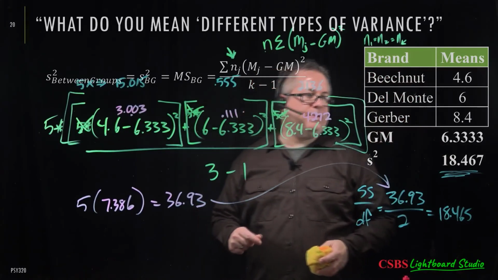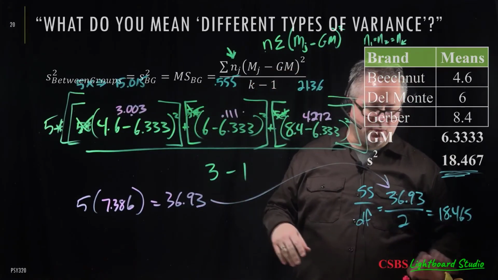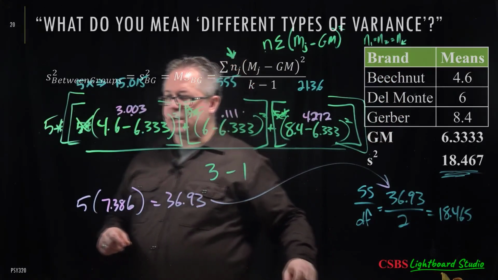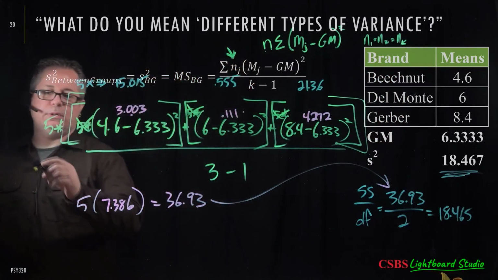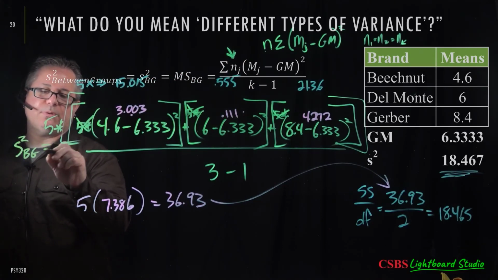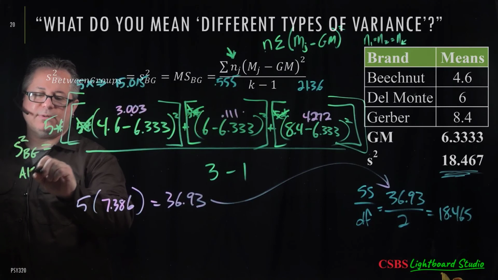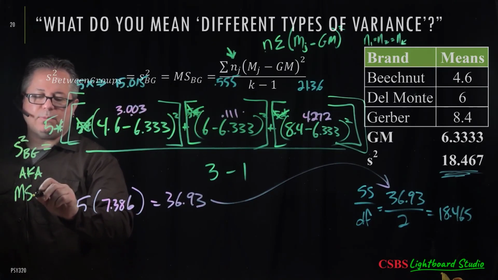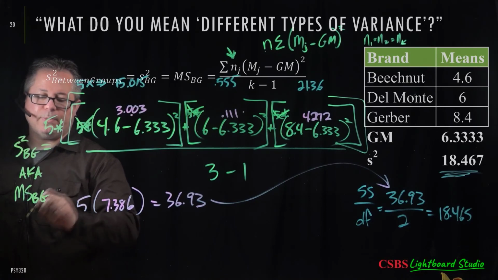This whole thing, which I didn't write down, is now the variance between groups, also known as the mean square between groups.